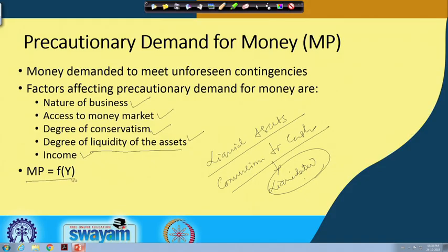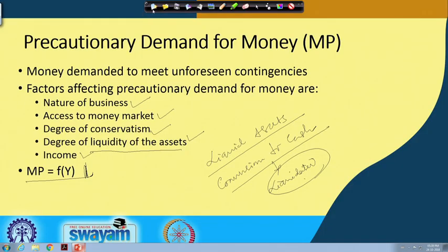So, the more the income, the more the precautionary demand for money may increase. So what has Keynes said? Keynes said that the precautionary demand for money is also a function of income. This is the way the demand function by Keynes is defined.